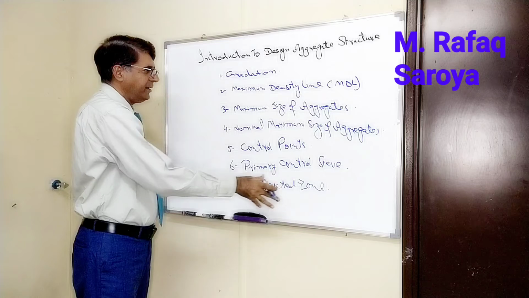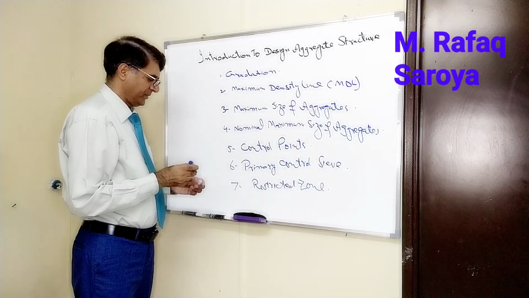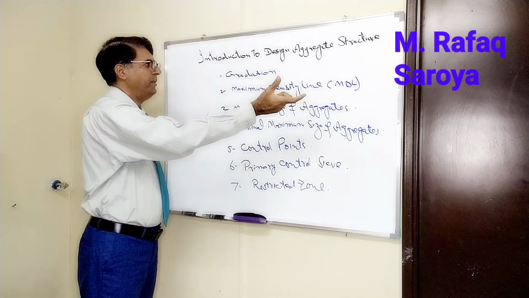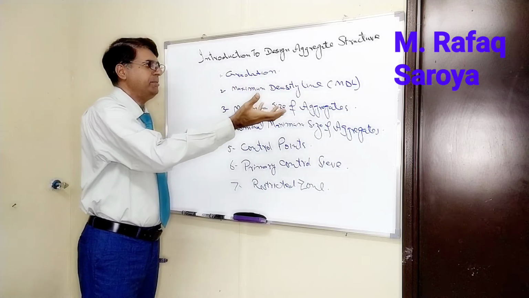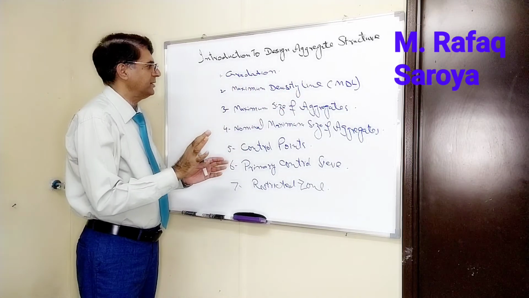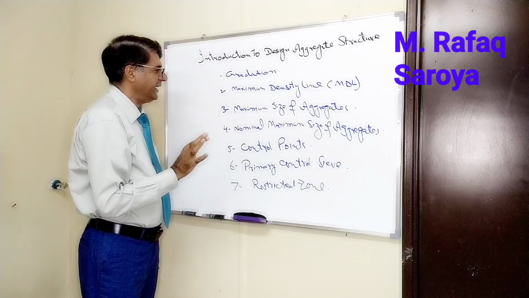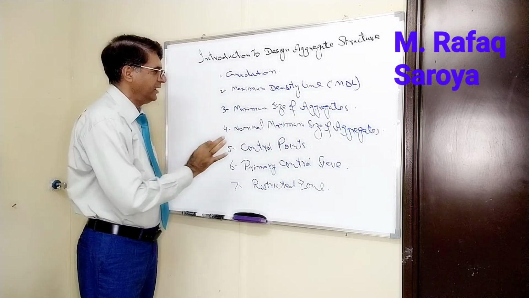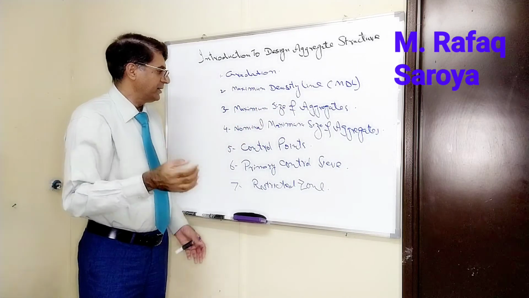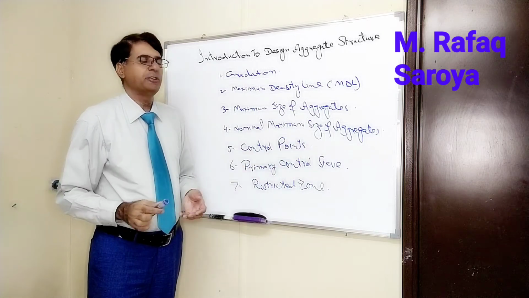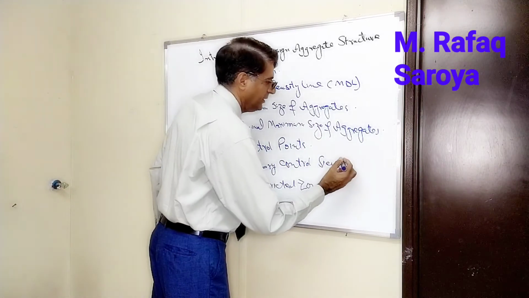All these are related further with the aggregate. Because gradation is performed on the aggregate, how the maximum density line is going to affect, what is the maximum size of the aggregate, what is the nominal maximum size, what is the control point, what is the primary control sieve, PCS.